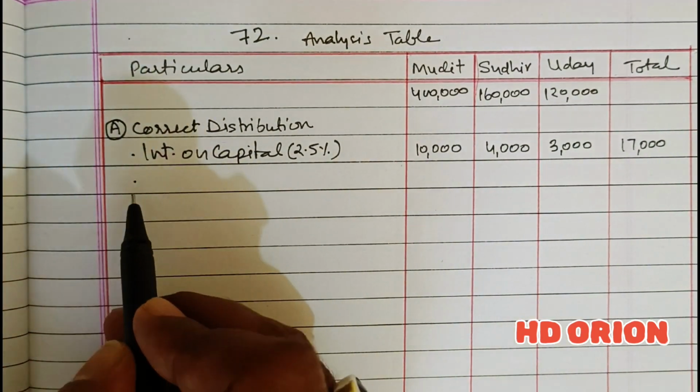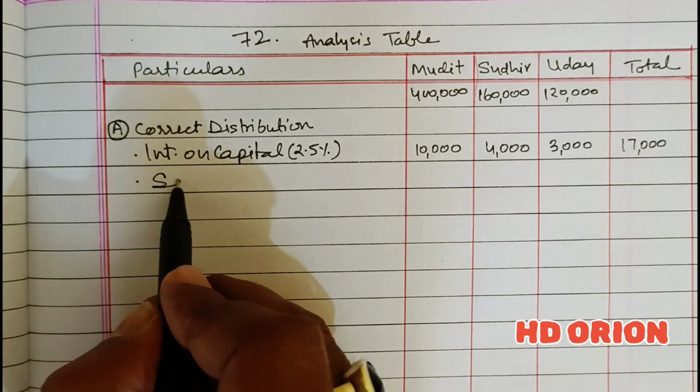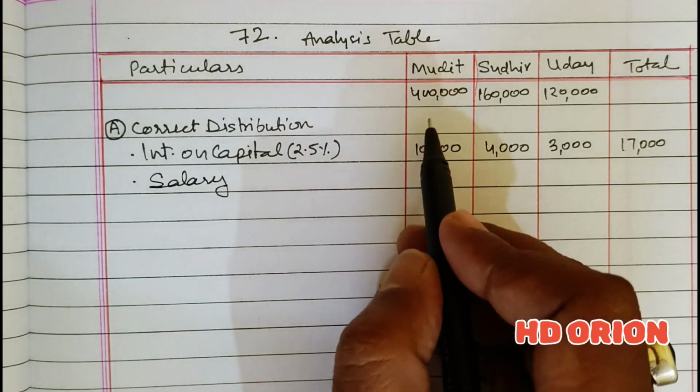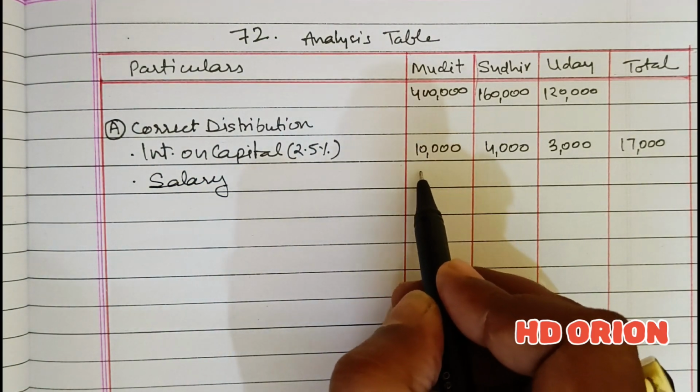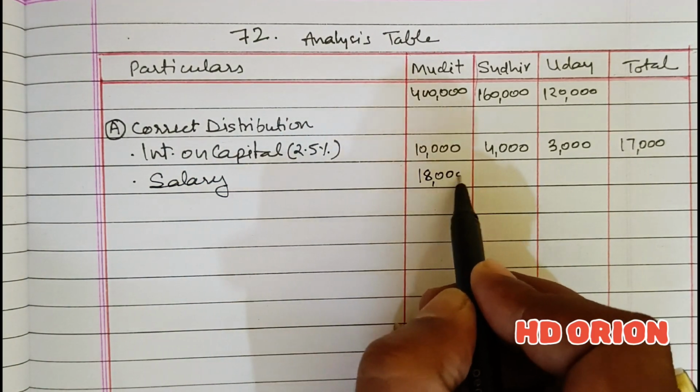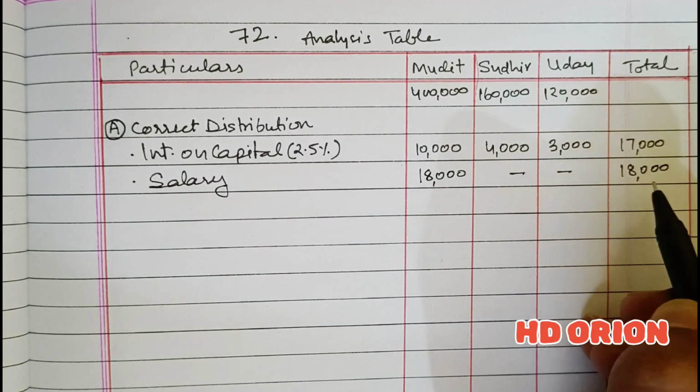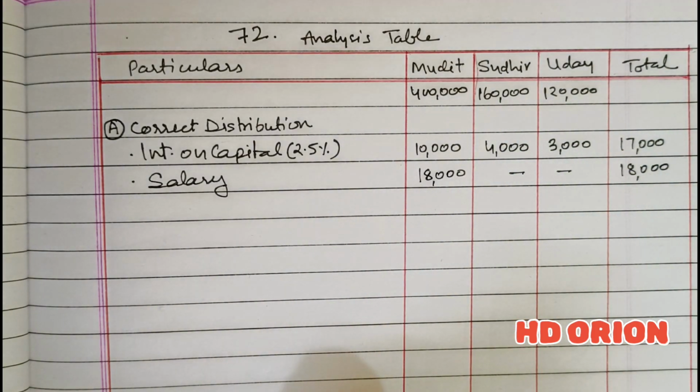And then the second thing is salary. It was suggested to Mudit, the first partner, 18,000 rupees, and no other partner is getting salary, so the 18,000 was to be given to Mudit.